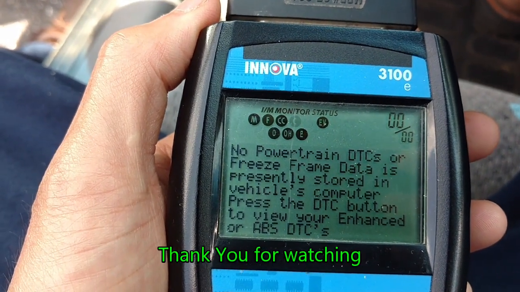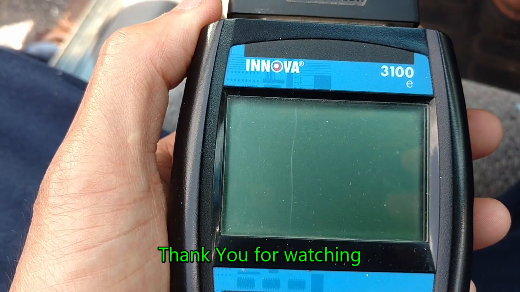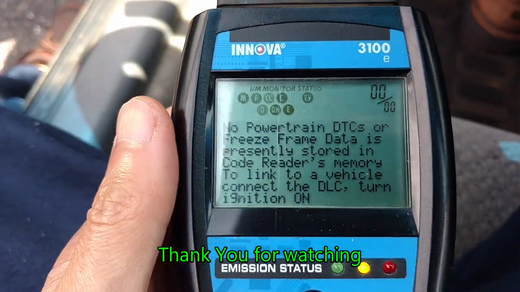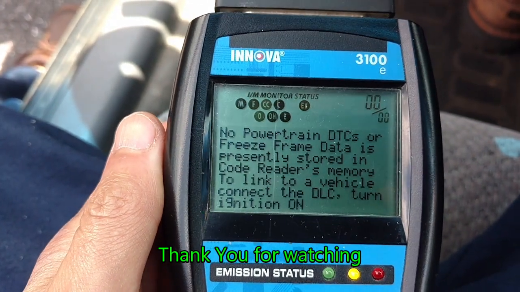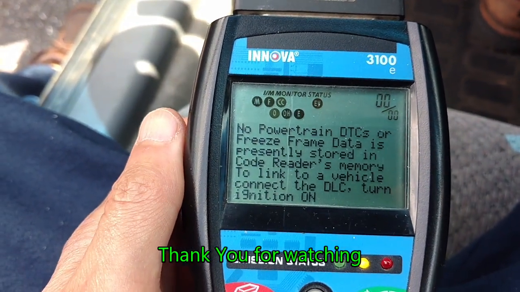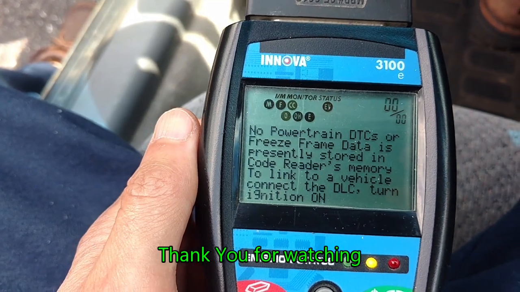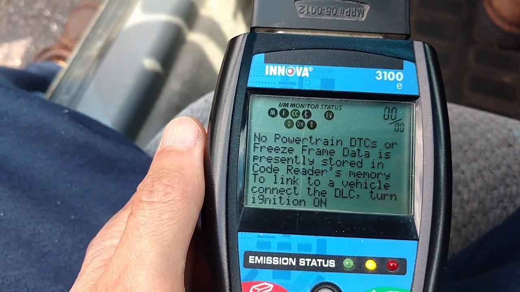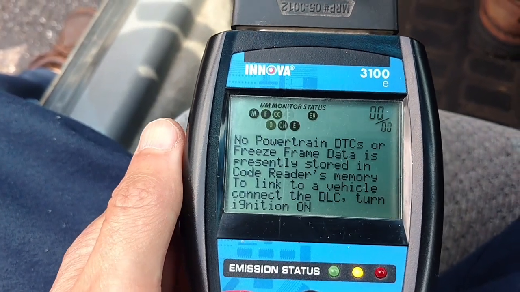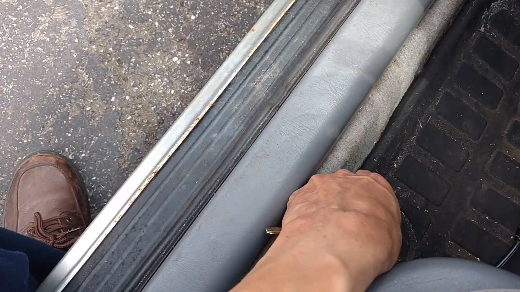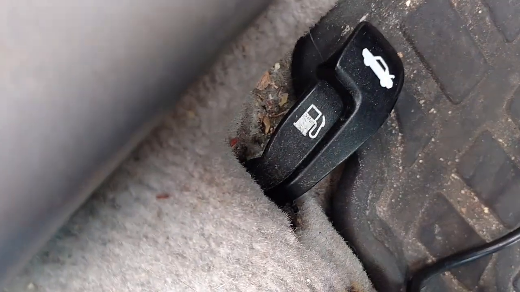In this case, the canister was the problem, and after I replaced that, all error codes were eliminated. But if you get only 440, first maybe, the first thing that you have to check, you need to check this gas tank cap.